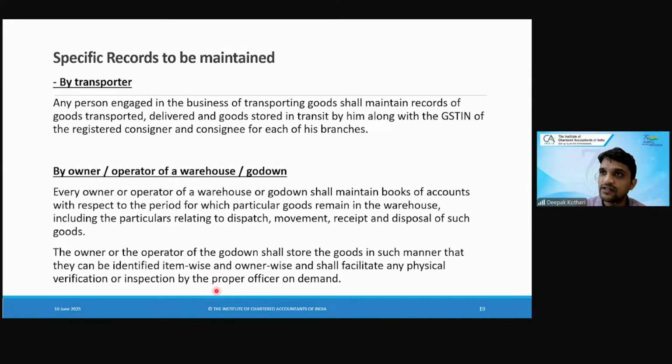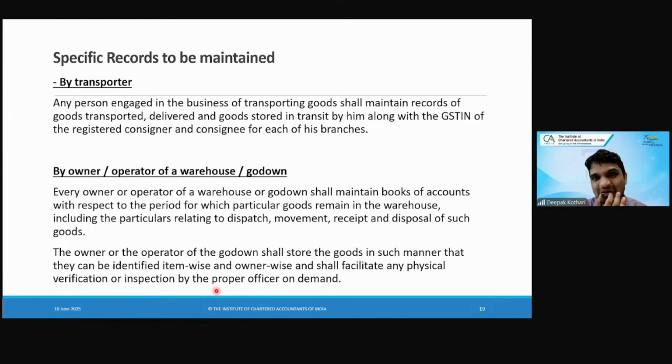I'm just giving an example so we can visualize that the Amazon warehouse should give access to the GST officer if he wants to do any verification.